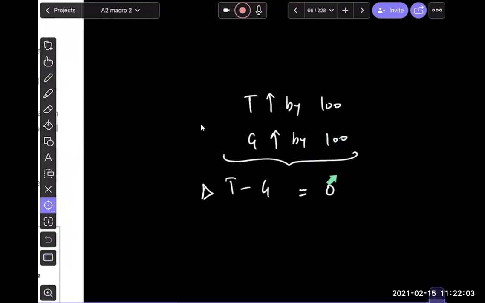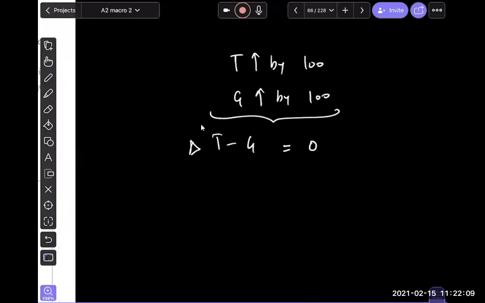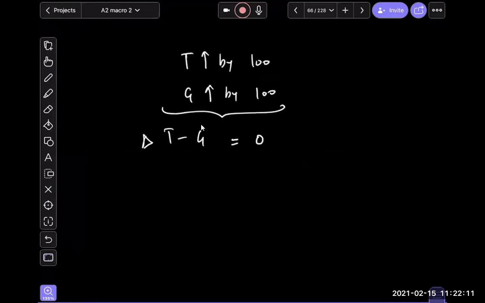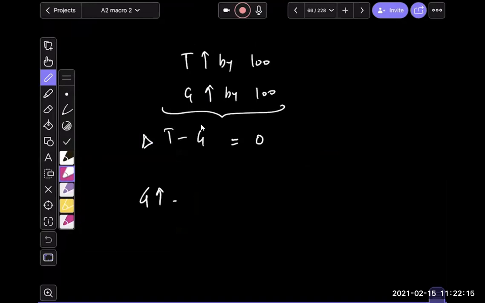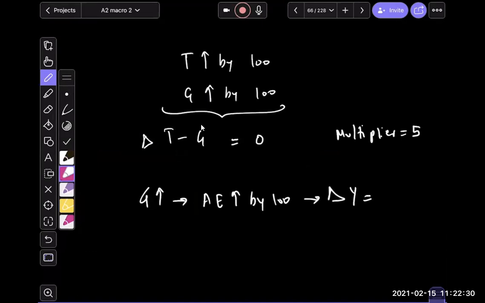But what will be the effect on national income is something we want to look at. Because when you increase government expenditure, there will be two things that will happen. If you increase government expenditure, AE will go up by 100, and if the multiplier is 5, then change in Y will be equal to, anyone?